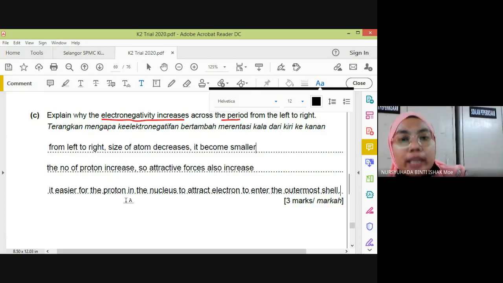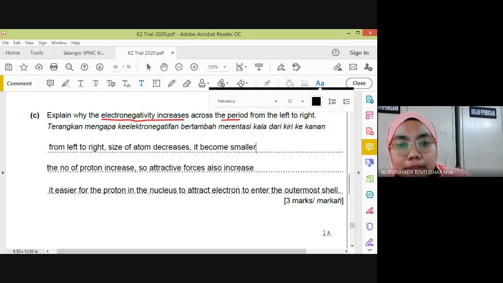Bila electron tu dah enter outermost shell, dia akan achieve octet electron arrangement. So inilah markah point-point yang perlu kamu tulis nak bagi tahu why from left to right the electronegativity increase.